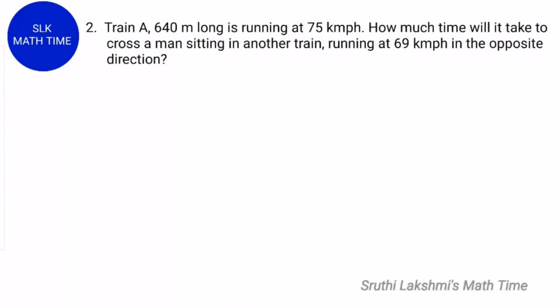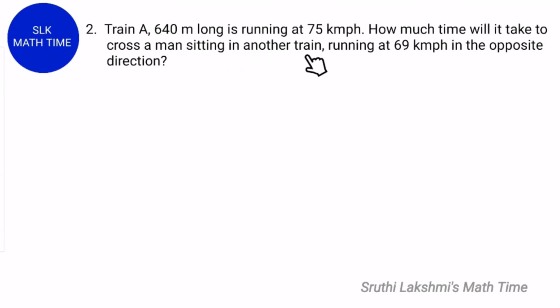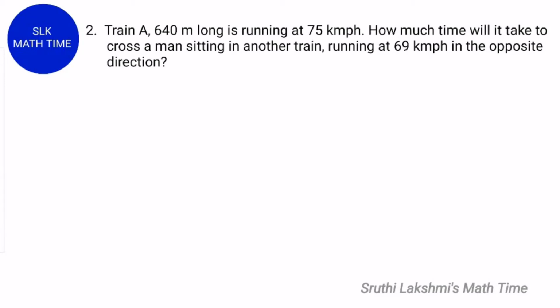Let's see another example. Train A is 640 meters long and it is running at a speed of 75 km per hour. How much time will it take to cross a man sitting in another train, which is running at 69 km per hour in the opposite direction? First, list the given data.